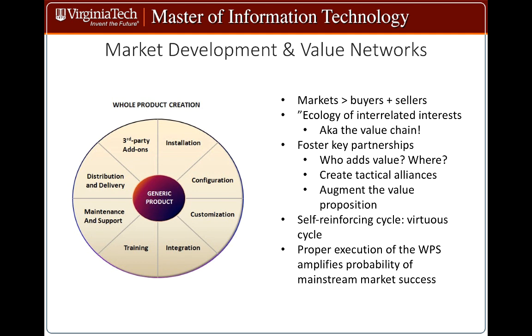And so the question now as we go mainstream is how do we design these broader ecosystems to have a bunch of these interlocking elements constructed in a way that we move closer and closer to that ideal product. So that whole product creation, again, you see the wheel over here, it's all the different facets of activities and resources and inputs and processes that we need to move from what's at the core of our generic product, right?